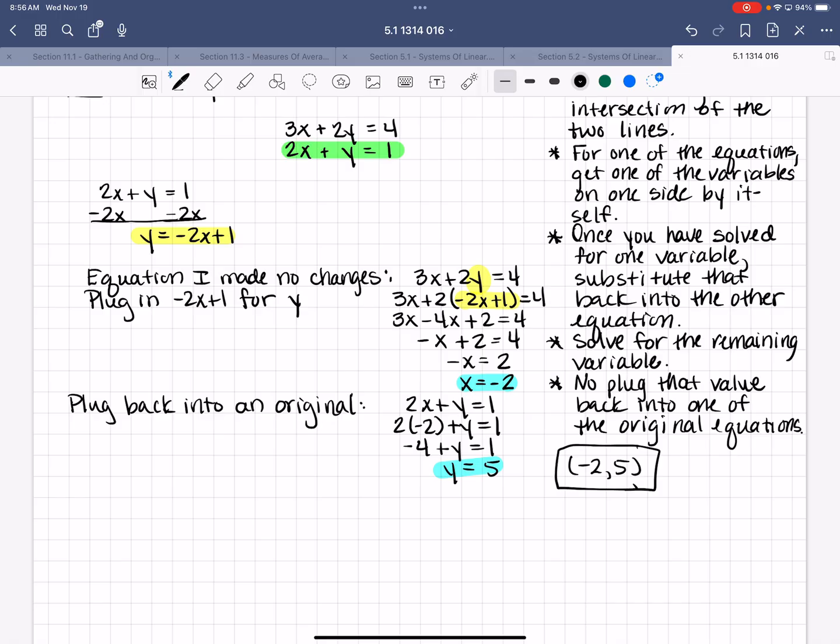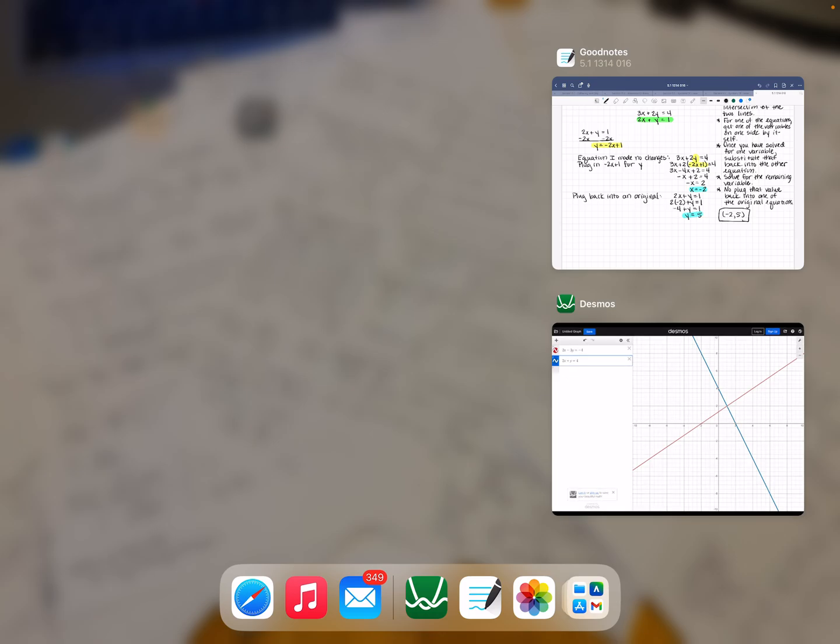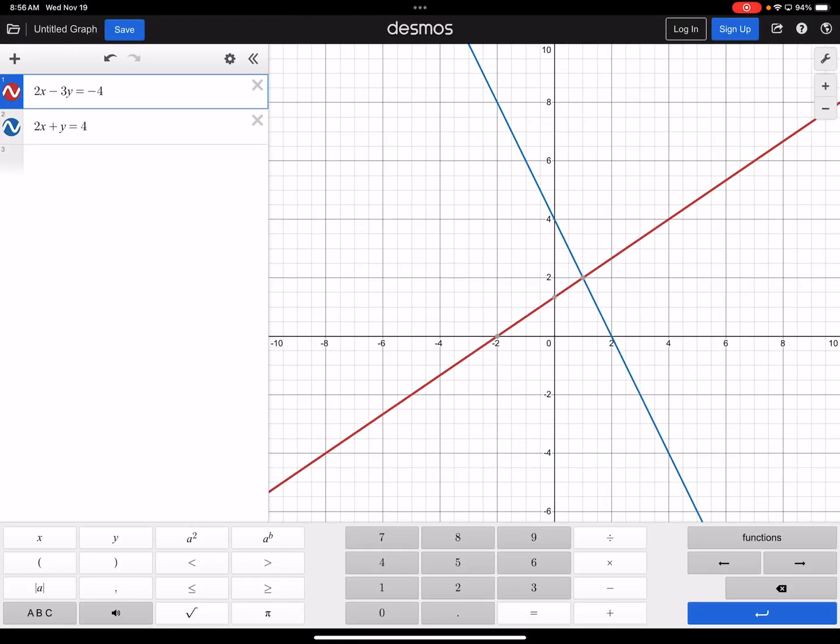Now, you can check that just like we worked example 1 by plugging it back into both of them and making sure it works. I'm going to put the original equations in Desmos, and we'll see if they intersect at -2, 5. It should be a little quicker than actually having to plug it in. Let's see, I've got 3x plus 2y equals 4, correct?